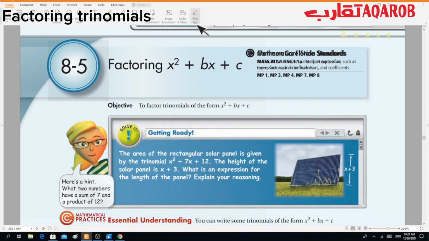I call it here the coefficient of x. Here, the coefficient of x squared, what is it? For sure, it's 1. Because you cannot see any number multiplying x squared, so for sure, it's 1. Now, c, I call it constant, because there is no variable. It's not a product of a variable and a number, so I call it constant.